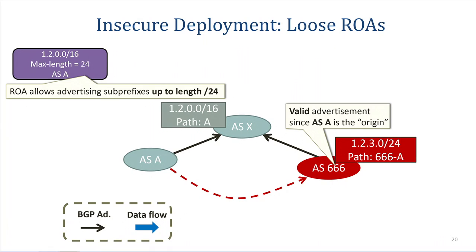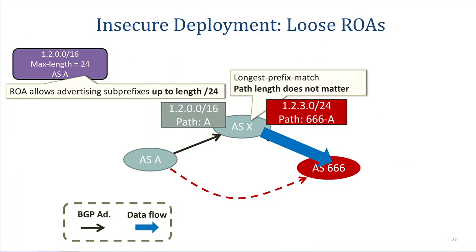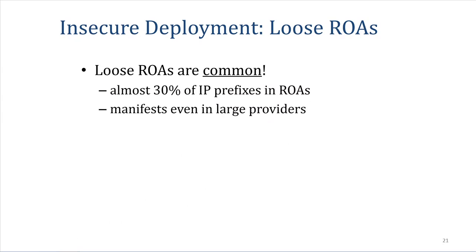And when it does so, now traffic from ASX will actually route to it because of the more specific match rule. So loose ROAs are actually common, and in fact, 30% of the IP prefixes that are covered by the RPKI are not protected because of that, and it manifests even in large providers.